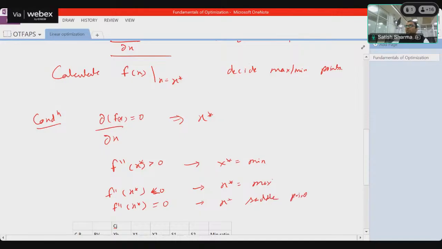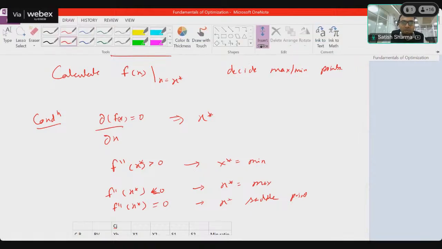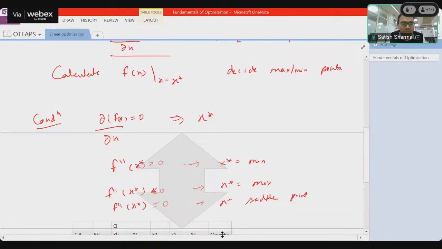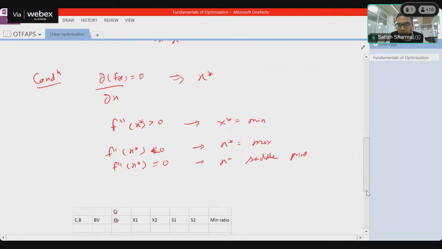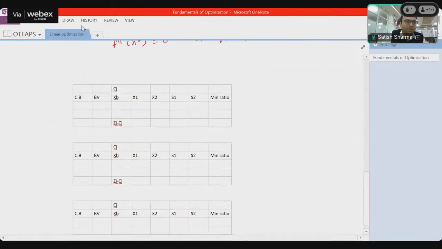It's neither minima nor maxima basically, so we cannot define it there. Now if I go into constrained optimization, we always have certain constraints, and we have to optimize under them.